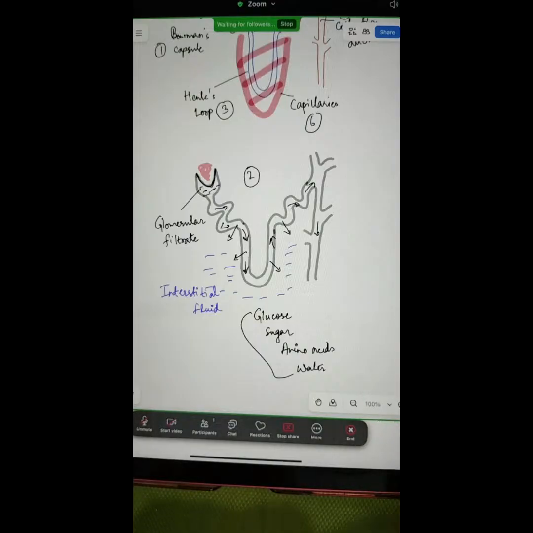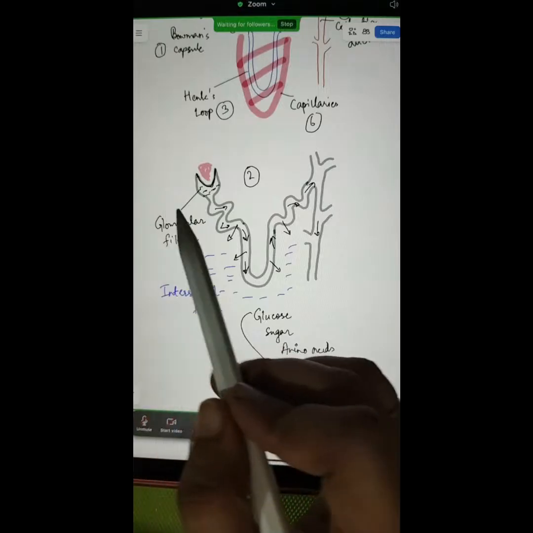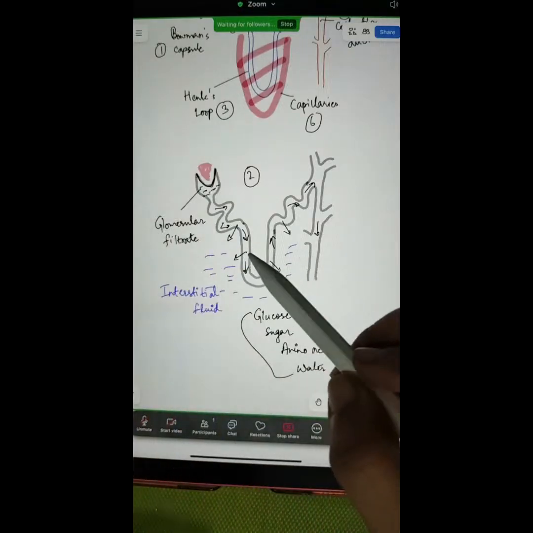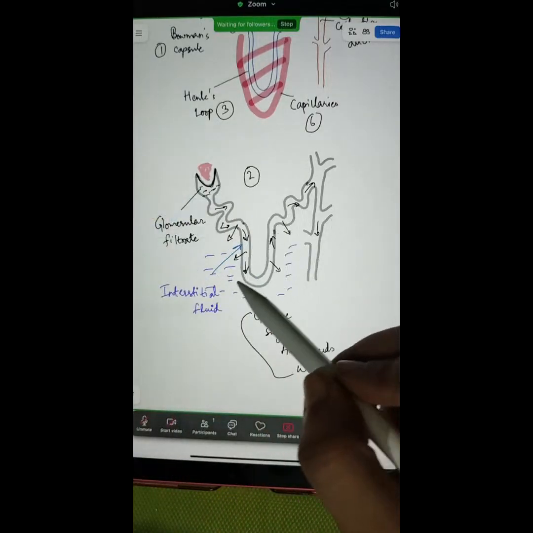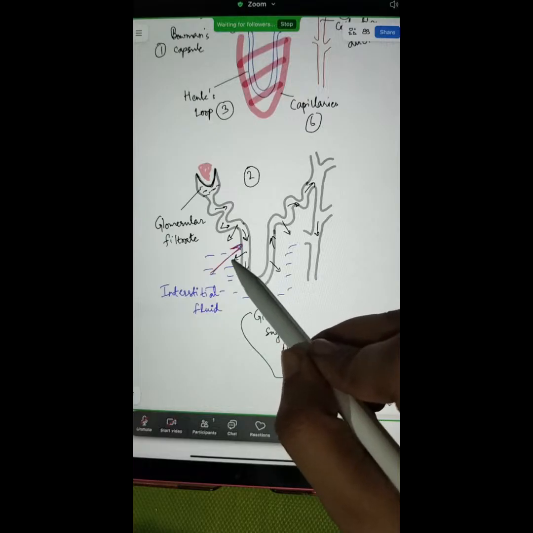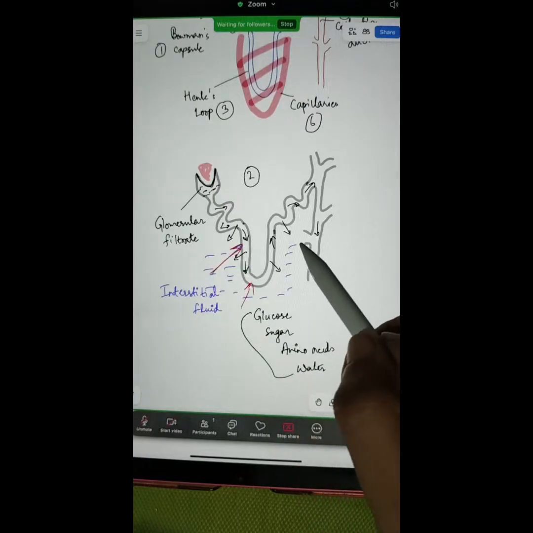Simultaneously, the third step, which is tubular secretion, occurs. It occurs in the opposite direction. So whatever things are required to be excreted out will go from the interstitial fluid into the tubular part.